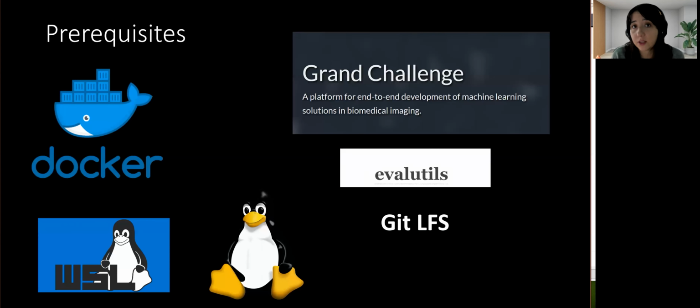You need, of course, Docker installed, because you are going to wrap your algorithm in a Docker container, since that is the only solution that we accept to be submitted to the NODE21 Challenge. If you are using Windows, we highly recommend that you install Windows Subsystem for Linux. This is also highly recommended by the Grand Challenge team because it works pretty well as a development environment, or you can install Linux, and that already works very well.